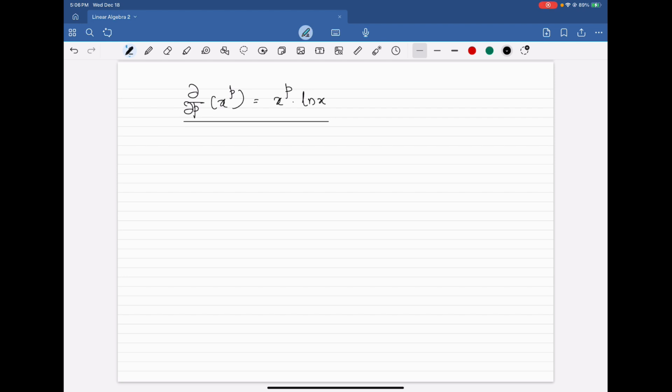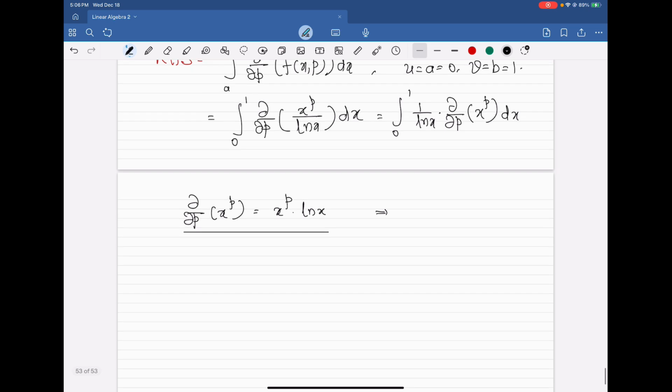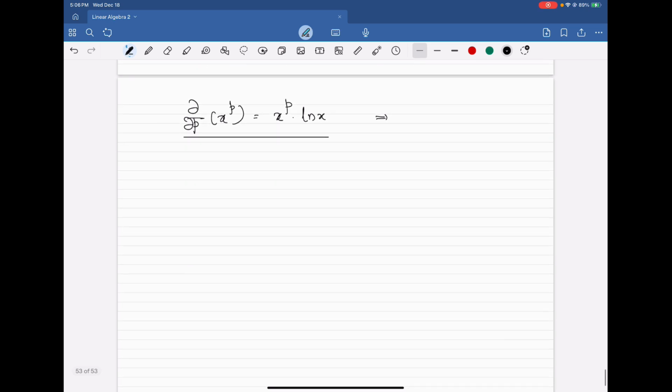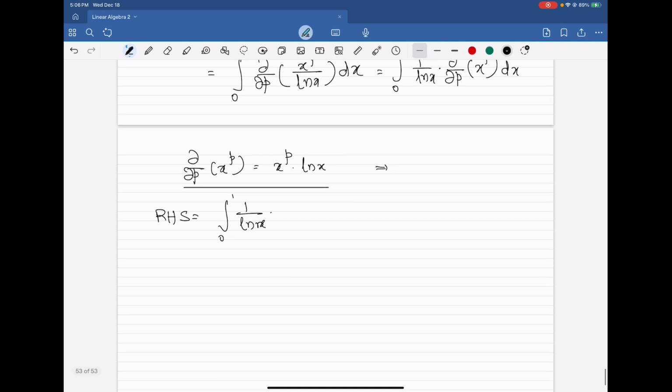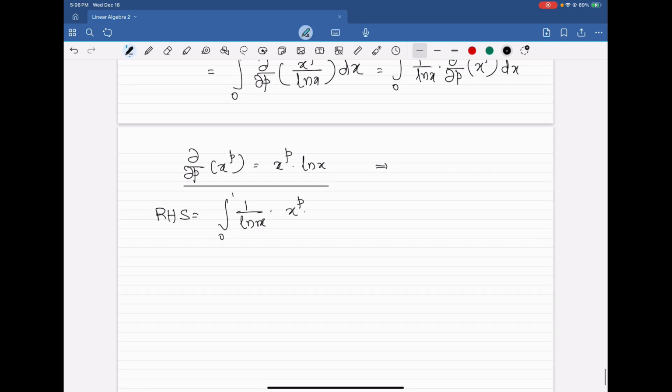Now by substituting this value in the right hand side equation, we will get right hand side is equal to integral 0 to 1, 1 by ln x into x to the power of p into ln x dx.